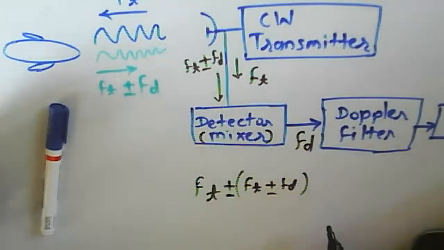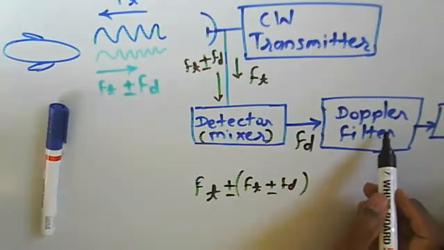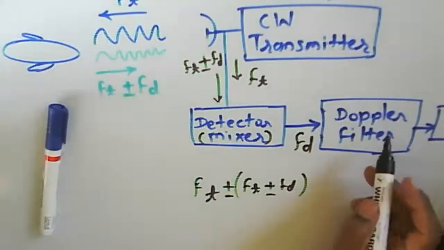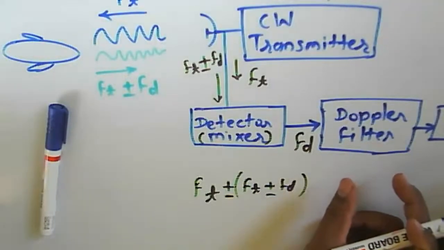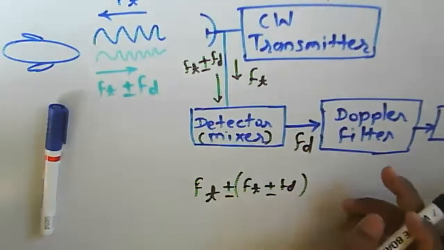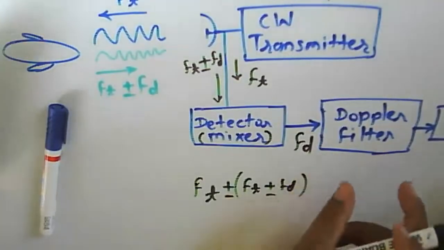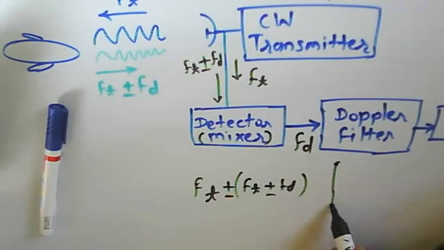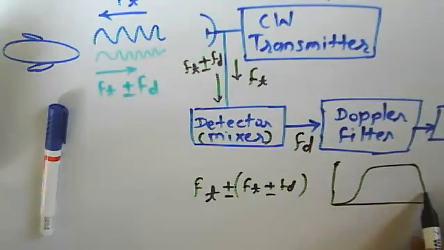So we receive this fd, and that fd is given to the Doppler filter. Doppler filter means what? That is the approximate echo signal frequency band. That's why we say it is a filter. Only some portion of the signal is given to the Doppler filter.